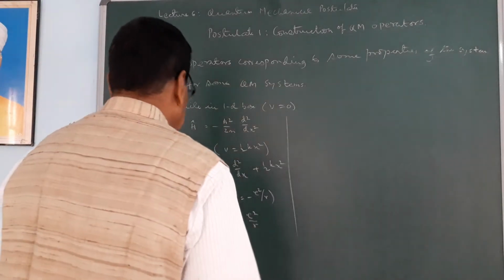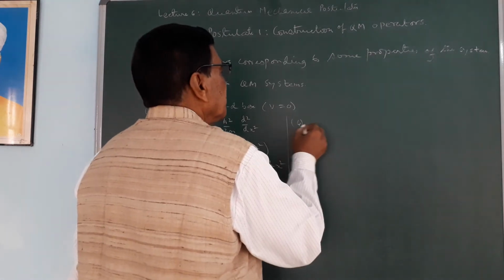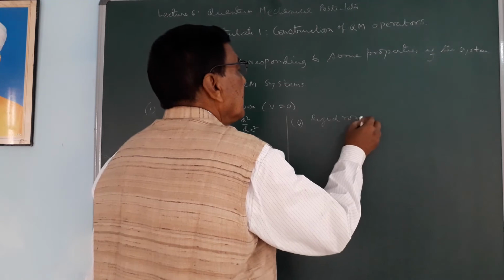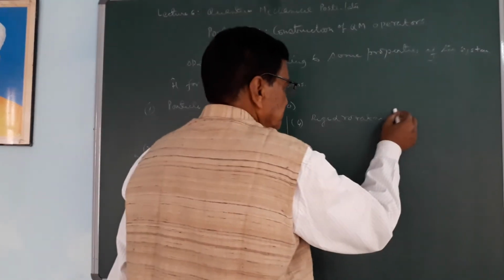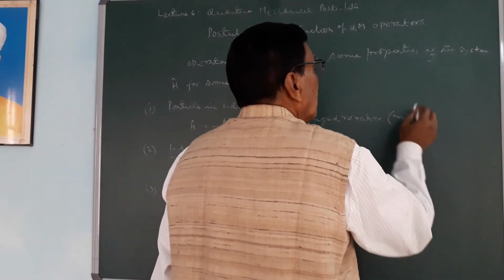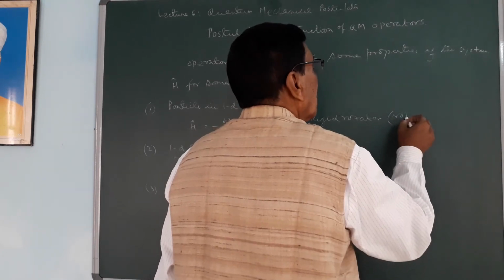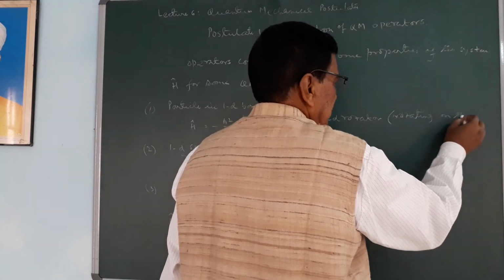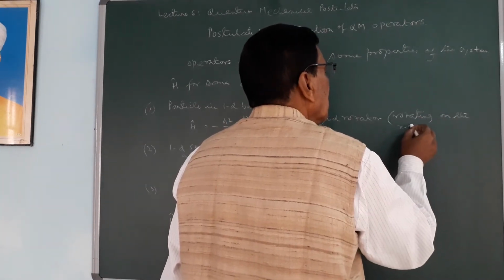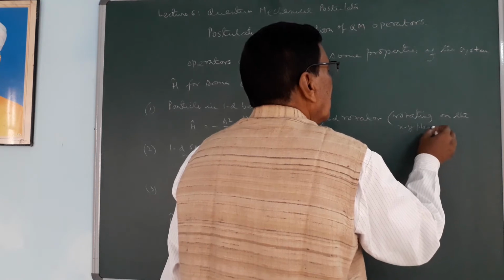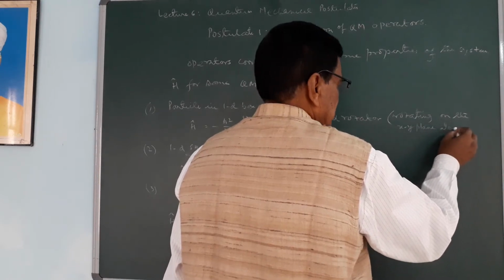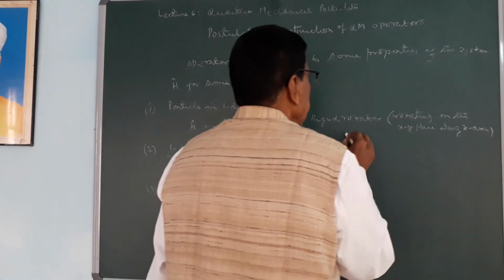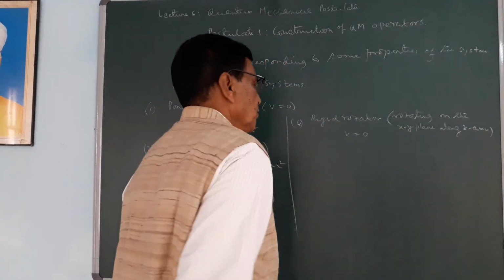And the fourth one is a rigid rotator rotating on the xy plane along the z axis, and the potential energy is equal to 0.